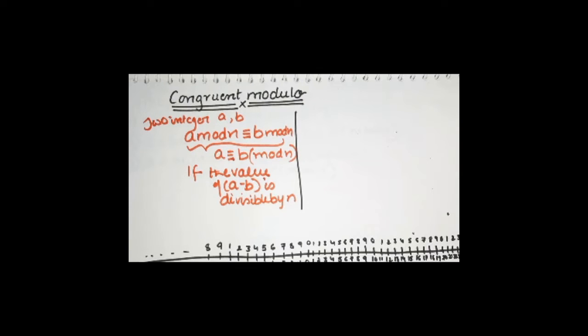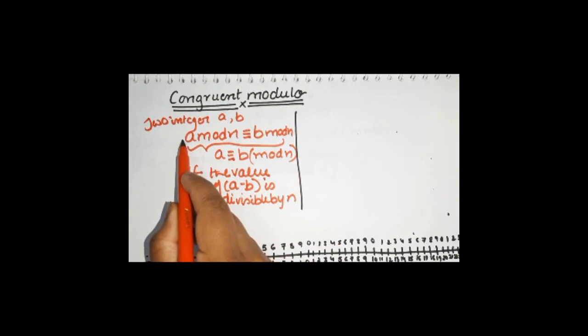Okay, so two numbers are said to be congruent modulo n when A mod n is equivalent to B mod n, or when A is congruent to B mod n if the value of A minus B is divisible by n. Also remember one thing. You can always mention A congruent B mod n.